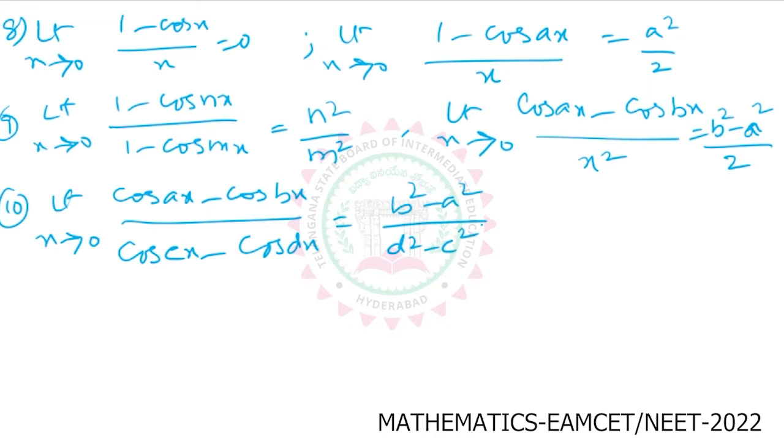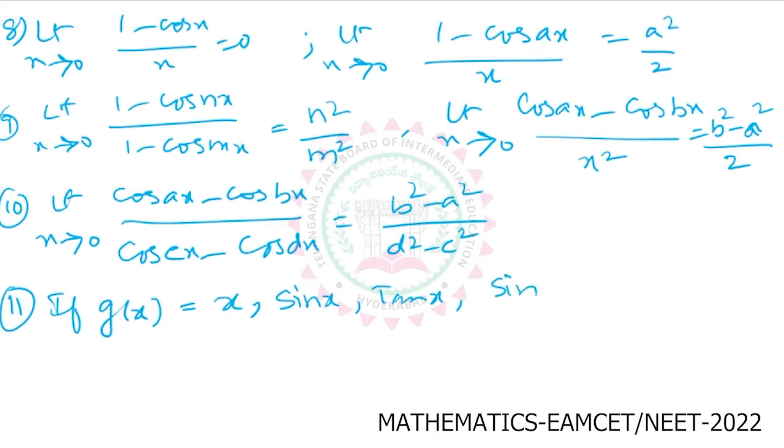Okay. Now, one more important result is there. Very important: suppose g x is of any form. Suppose g x is in any one of the forms, either x or sin x or tan x or sin inverse x or tan inverse x.